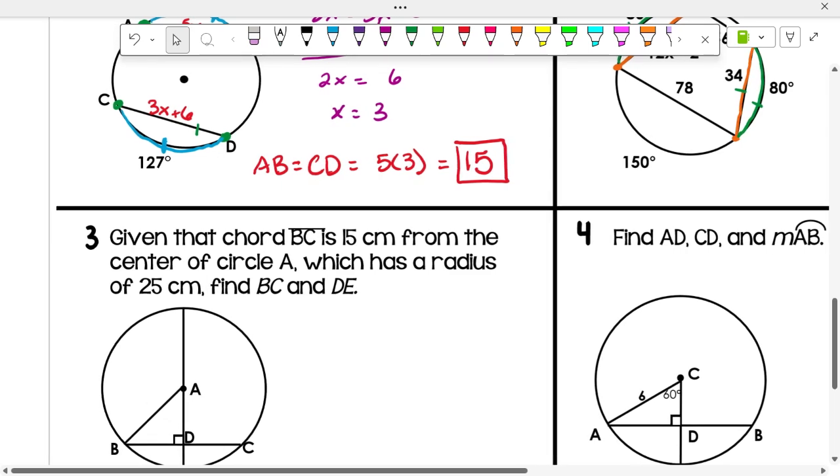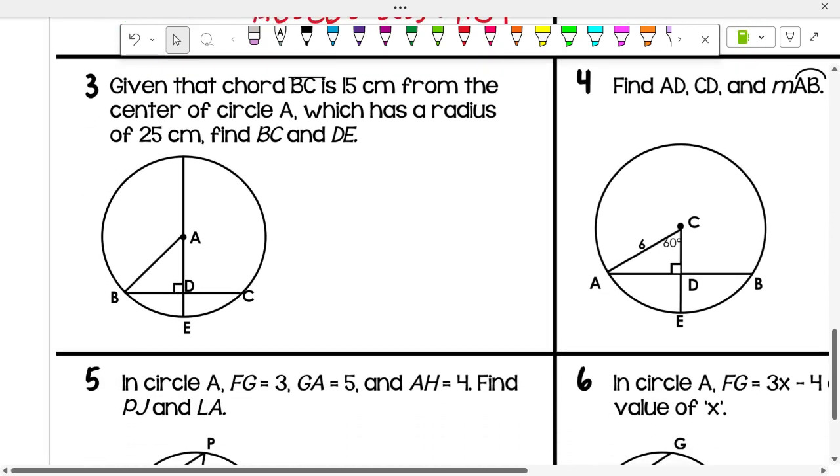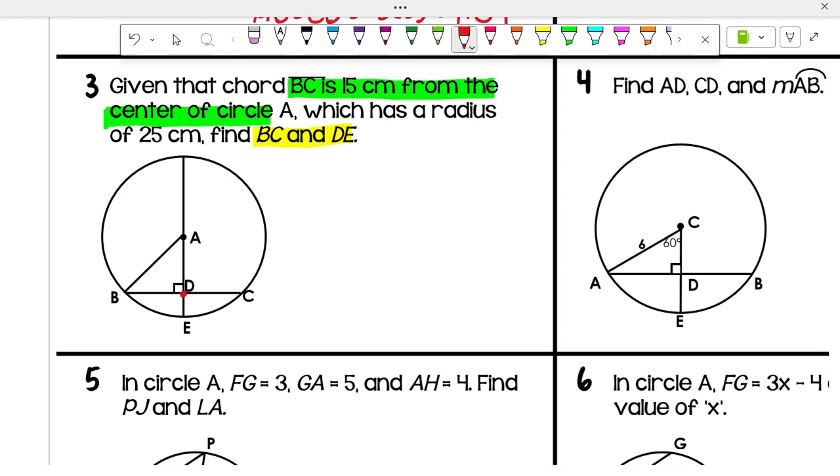All right, let's look at 3. So given that the chord BC is 15 centimeters from the center of the circle, which has a radius of 25, find BC and DE. So BC is 15 centimeters from the center of the circle, meaning if I drew a line from the chord BC to the center A, that length is 15 centimeters.